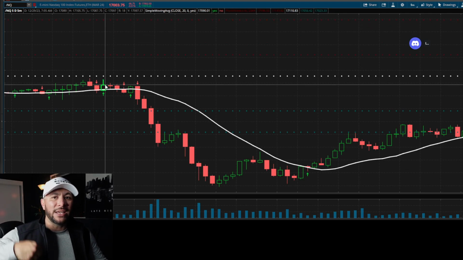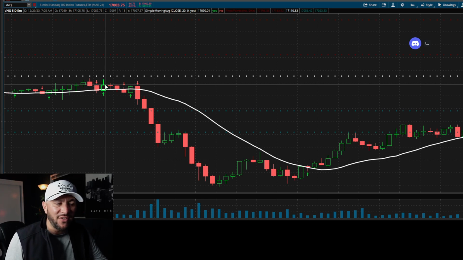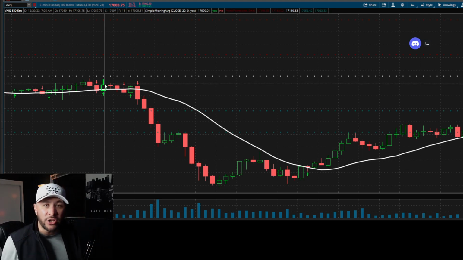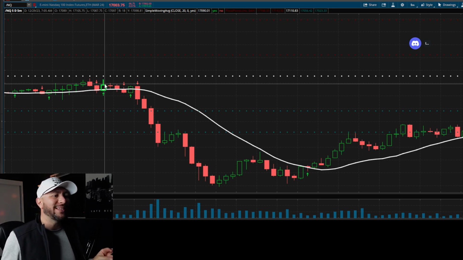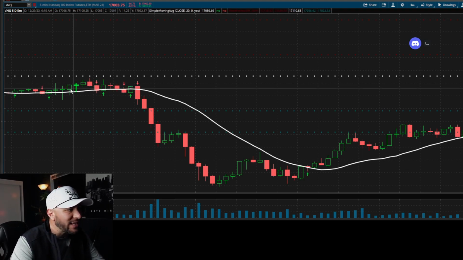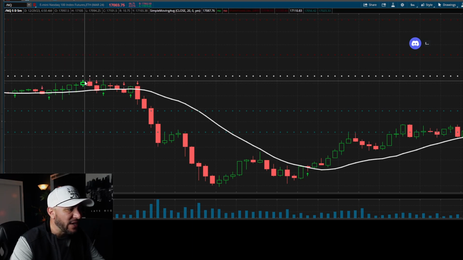So if we're trading over yesterday's pivot and you get long, you would be looking to take profits into resistance 1 and resistance 2. If we're trading under yesterday's pivot, you're looking to take profits at support 1 or support 2.